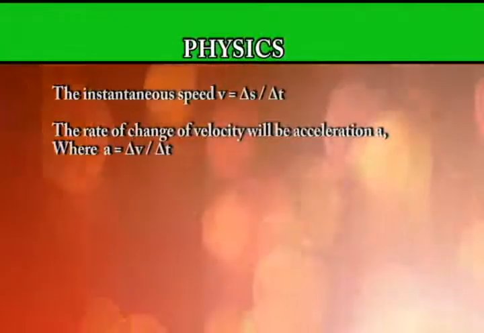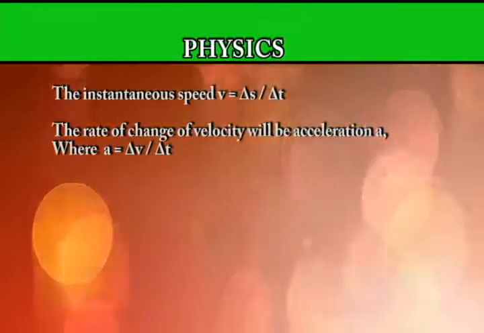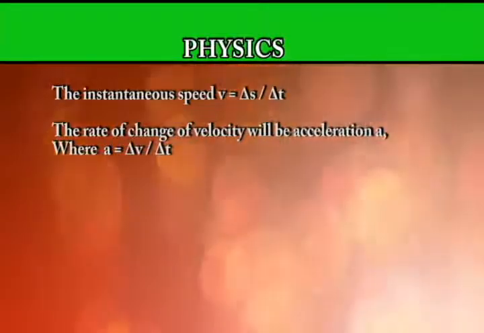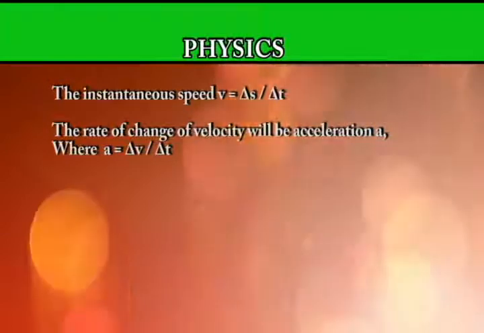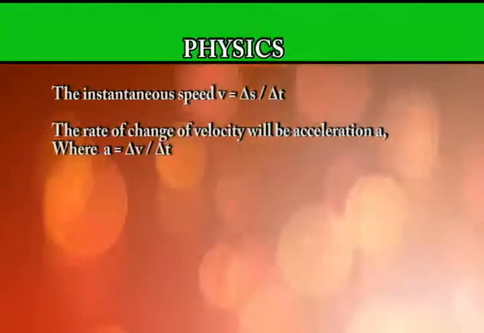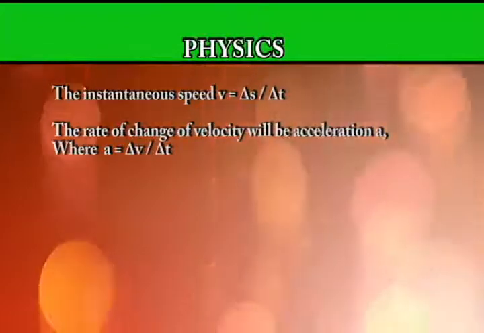The instantaneous speed v is equal to change in s divided by change in t. The rate of change of velocity will be acceleration a, where a is equal to change in v divided by change in t.